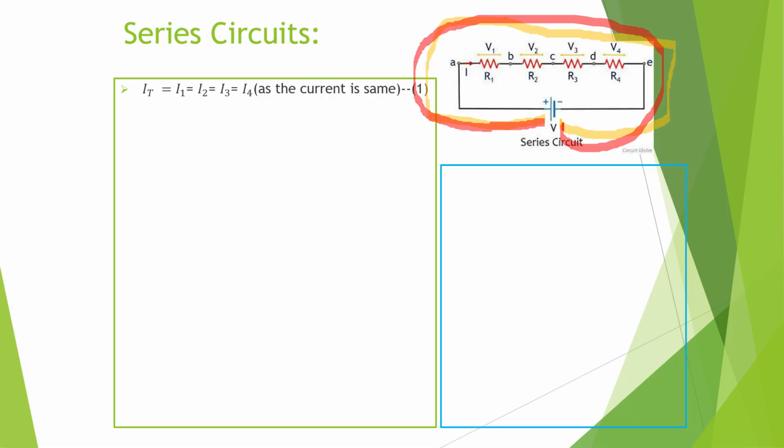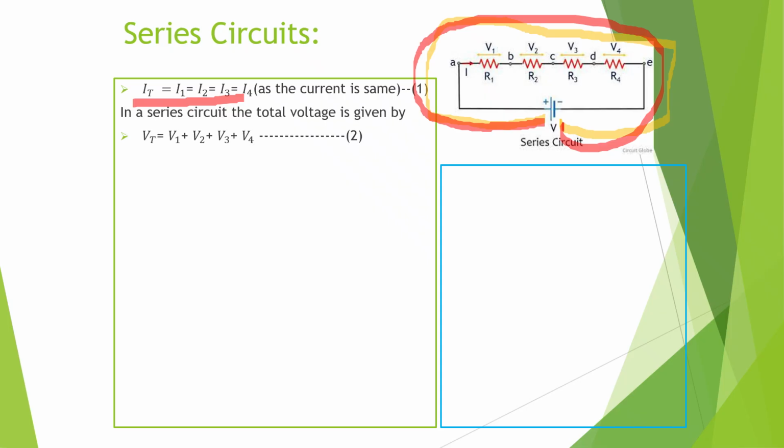Here I1 is equal to I2 is equal to I3 is equal to I4. So in a nutshell, in a series circuit the current is the same.